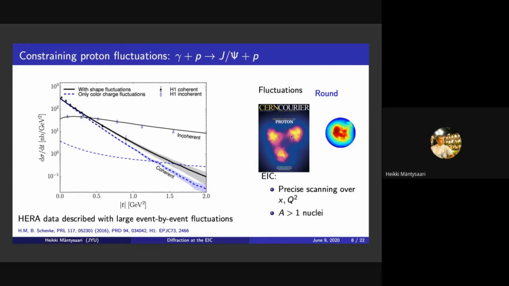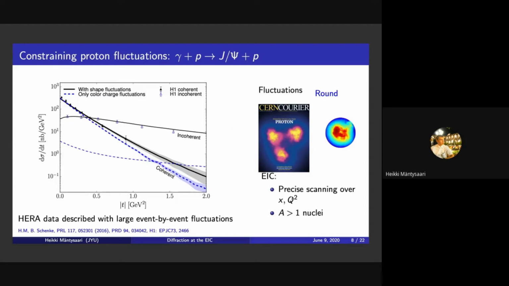Now, this is something that we already can do with the HERA data. In the future, what we can do at the EIC, for example, is to more closely look at the Bjorken x dependence, so how this fluctuating structure evolves as a function of energy. By varying Q squared, we can also vary the distance scale. So when you go to higher Q squared, you can look at smaller distance scale effects.